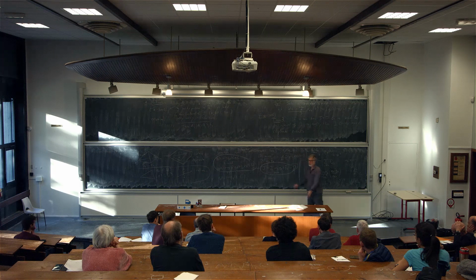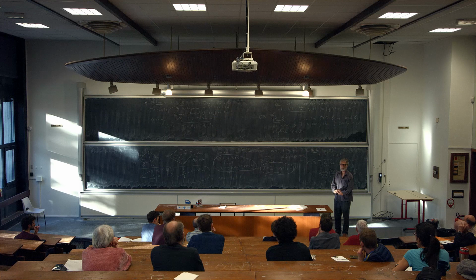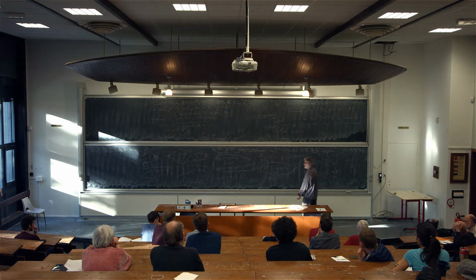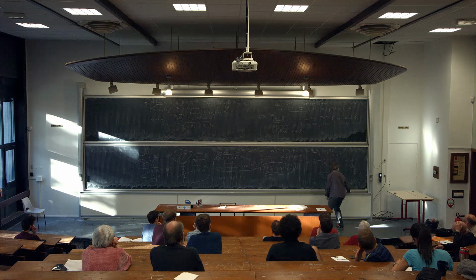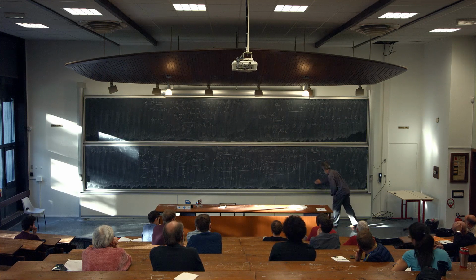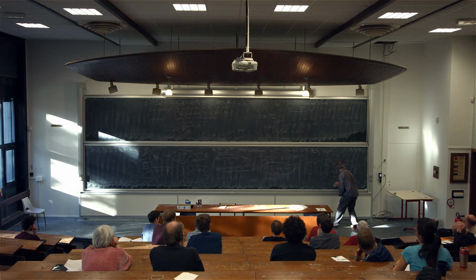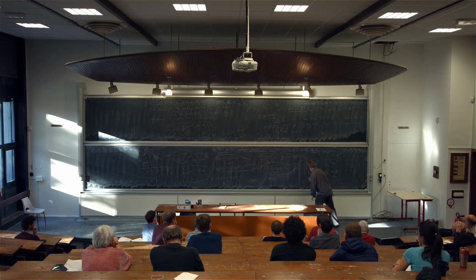So for people who know, I'm doing symplectic reduction at J equals 0, but I'm going to do it in a Riemannian fashion, and it's going to work better. So that's basically what I'm doing. Yeah, let's start. Okay, so we have the configuration space.